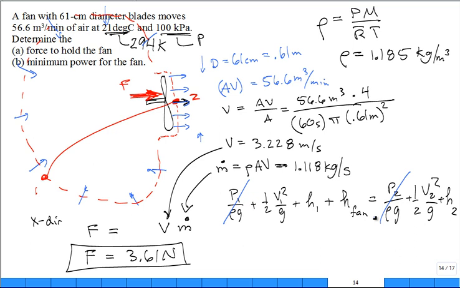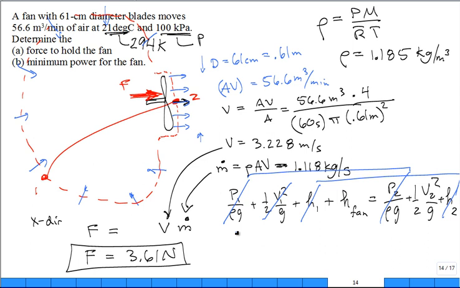Now, what about the kinetic energy at the inlet? We said it's quiescent air being drawn from far away into the fan, so V1 is zero. Kinetic energy at 1 is zero. There's no real information about head change, so just like the pressure change, it's zero.